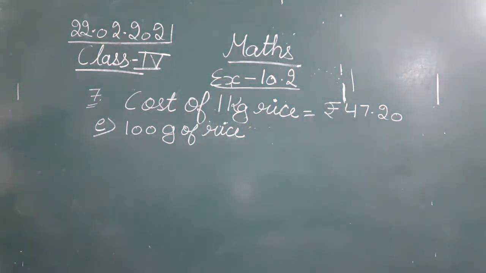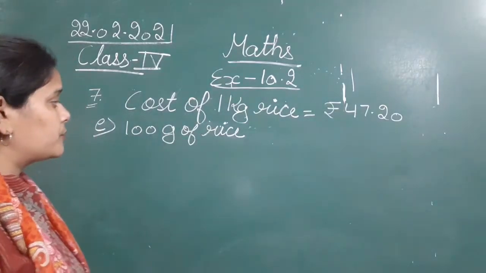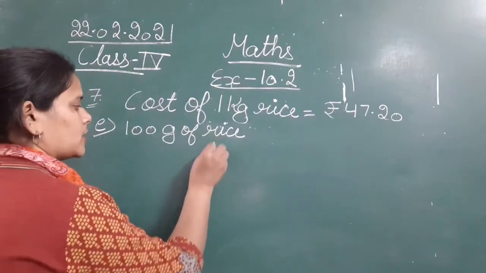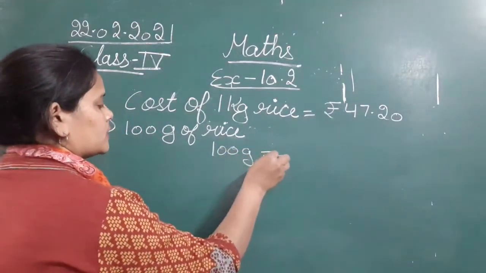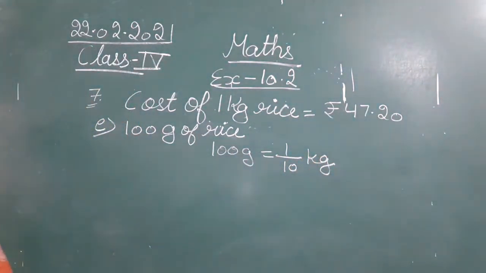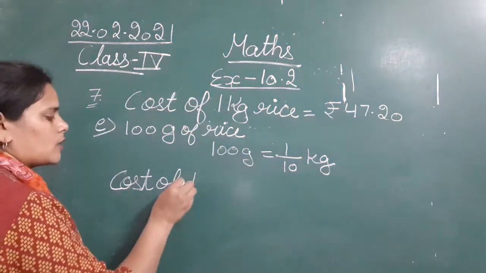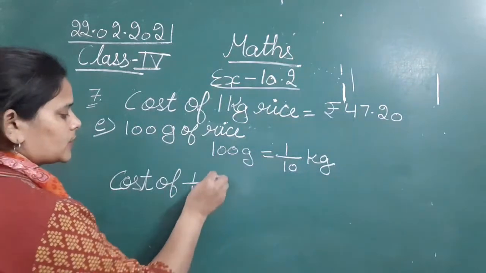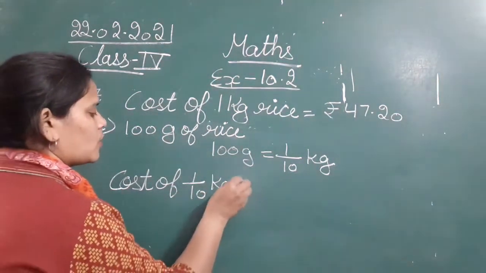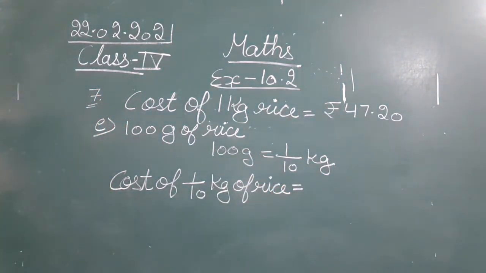Here the cost of 1 kg rice is 47 rupees and 20 paise, and we need to calculate the cost of 100 grams of rice. So that means 100 grams is equal to 1 upon 10 kg. So we need to calculate the cost of 1 upon 10 kg of rice.